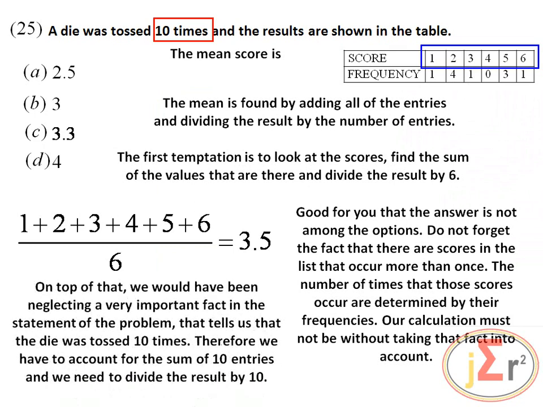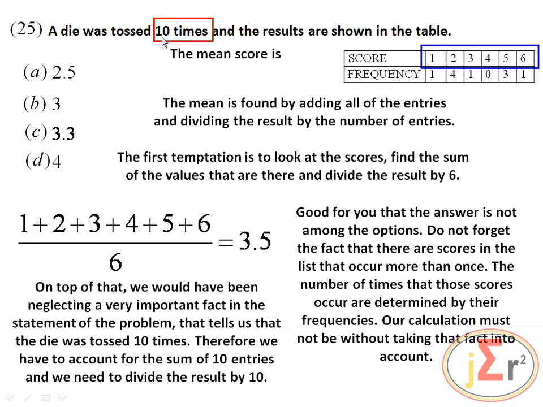On top of that, we would have been neglecting a very important fact in the statement of the problem. That tells us that the die was tossed 10 times. So in dividing by 6, we are neglecting this fact. That means we are considering that the die was tossed only 6 times.